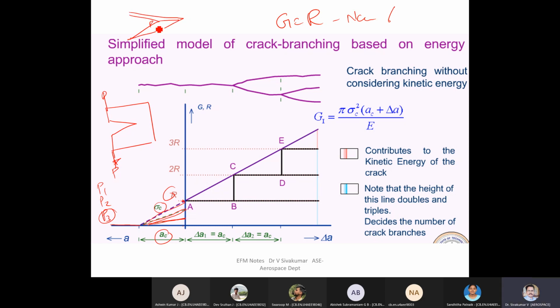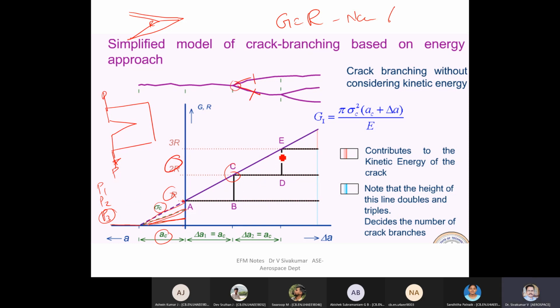So here 1R. If this particular energy available is more, from here to here crack branching happens. Crack branching means two new surfaces will come, so the resistance energy also will increase.